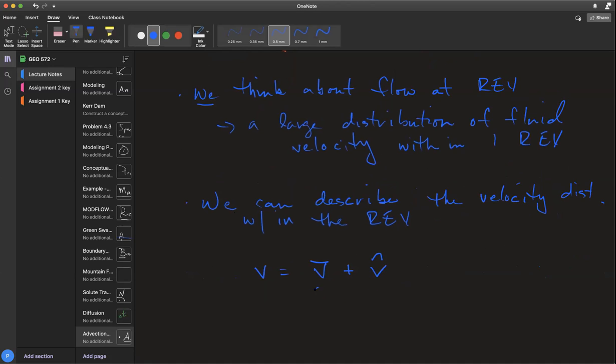So this is our average velocity, and these are random fluctuations.